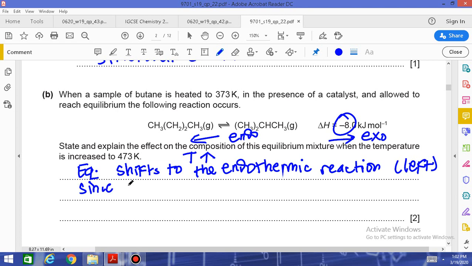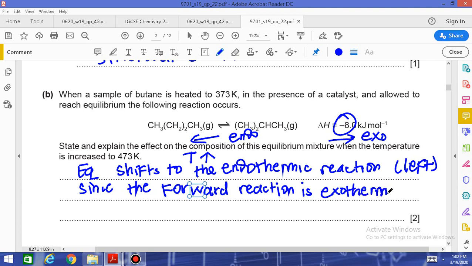Since the forward reaction is exothermic, the equilibrium shifts to the left.